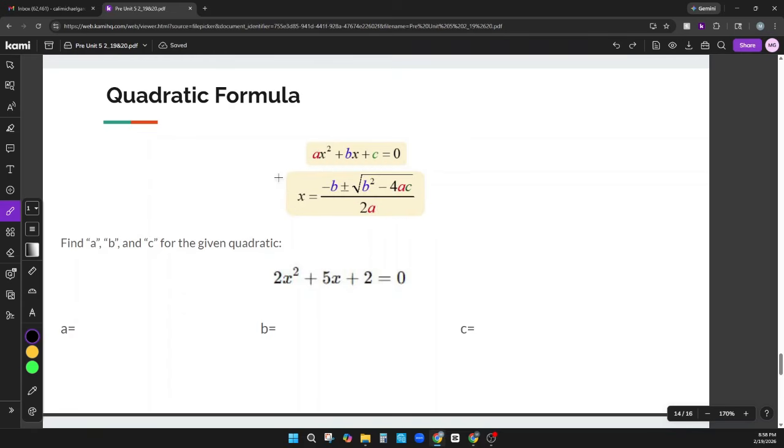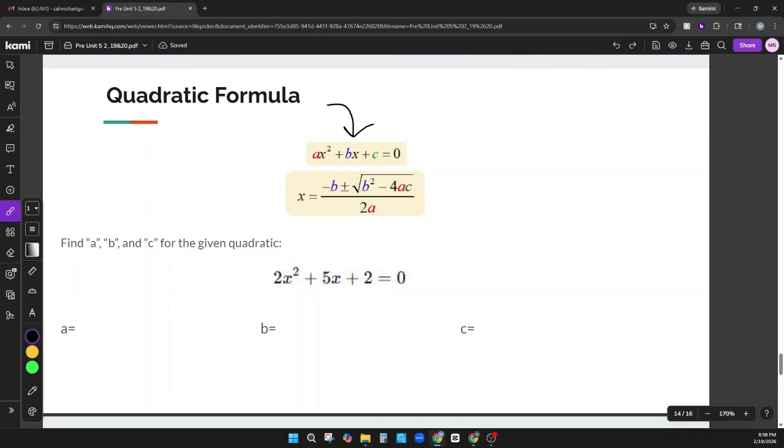Those a, b, and c values come directly from our quadratic equation, ax squared plus bx plus c. Whatever's in front of my x squared, my coefficient, is a. The coefficient of my x is b, and my constant, my number by itself, is c.